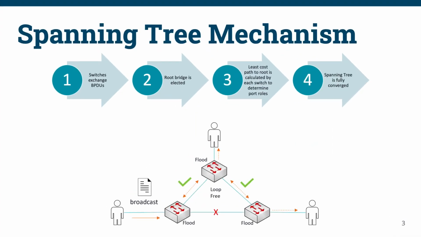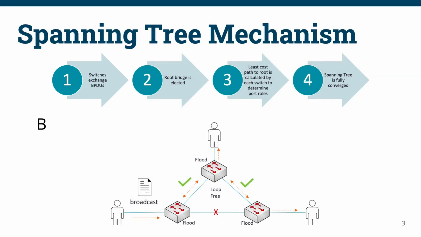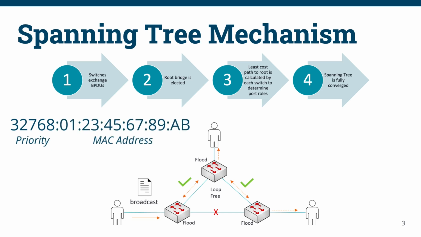The first thing STP speaking switches do when they boot up and STP initiates is they transmit and exchange BPDUs, or Bridge Protocol Data Units. These BPDUs include, among other things, the bridge ID of the switch that the transmitting bridge believes to be the root bridge.